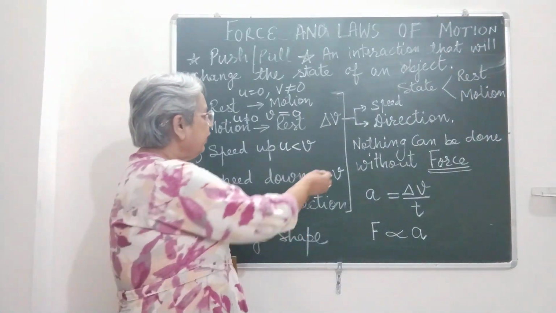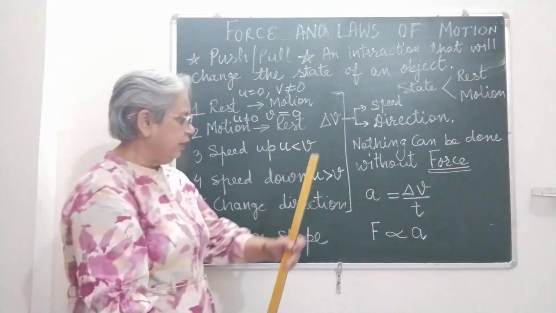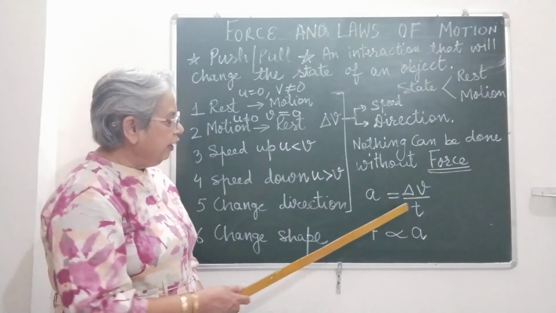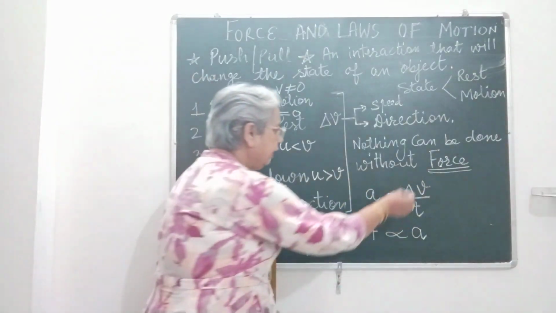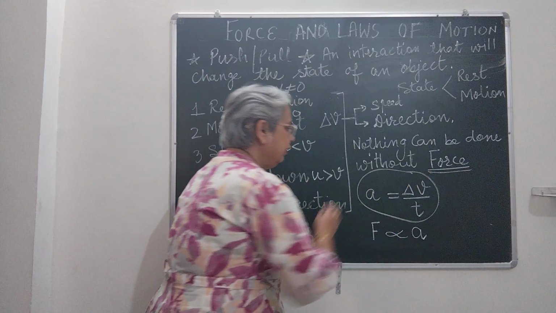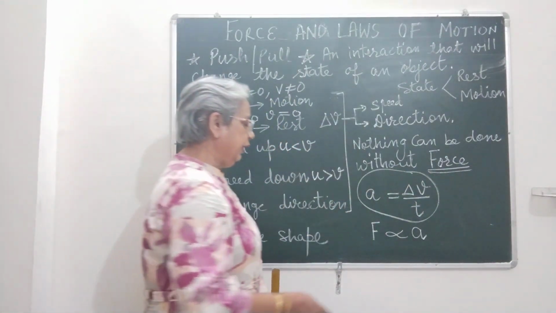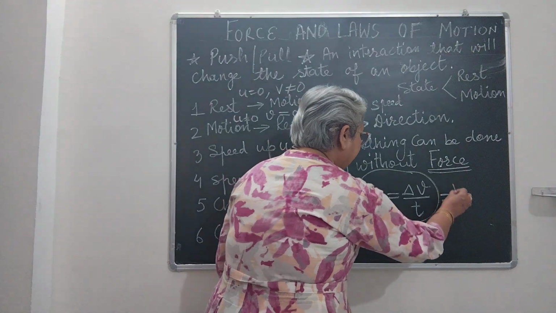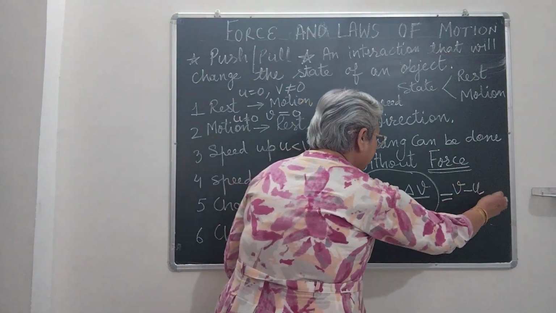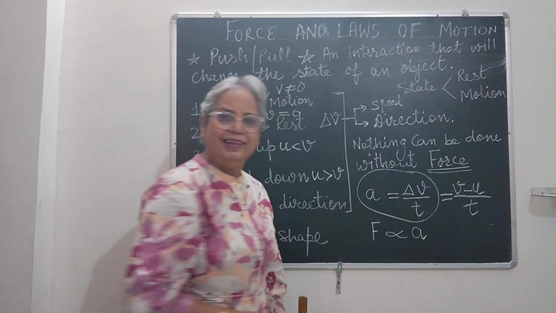Now you see, this change in velocity with time is nothing else but acceleration. Acceleration is equal to delta v upon t, or we can say v minus u upon t.